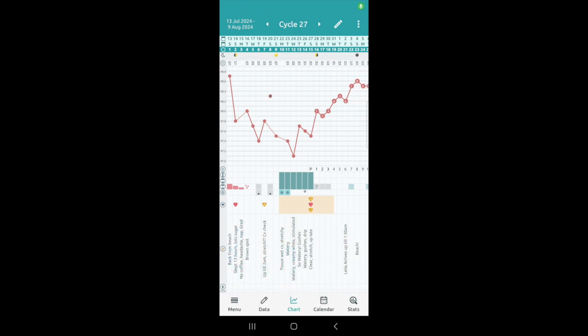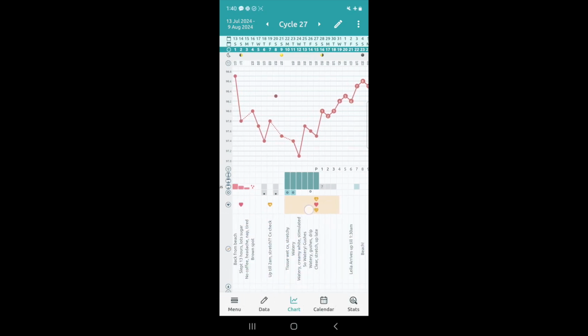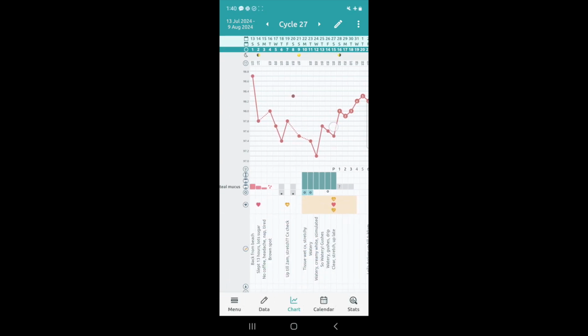Here's how to draw a cover line using the Read Your Body app. You can see my temp shifted on cycle day 15, and I have 1, 2, 3, 4, 5, 6. So those are all the temps that I'm including into my cover line drawing, and I'm missing 1 temp.